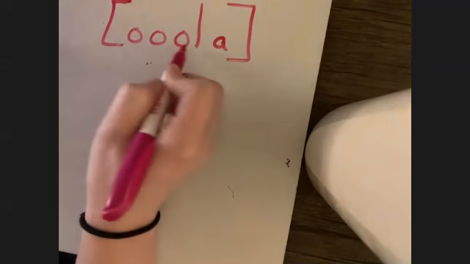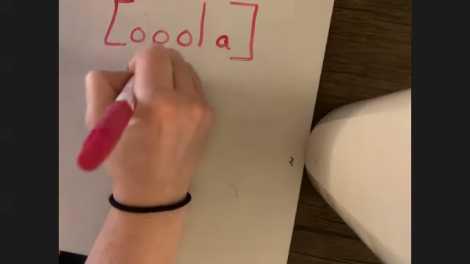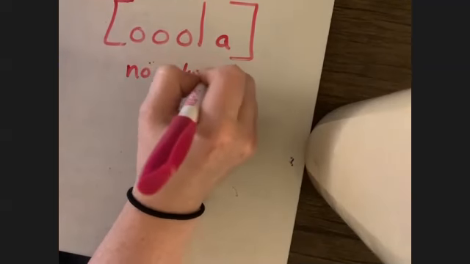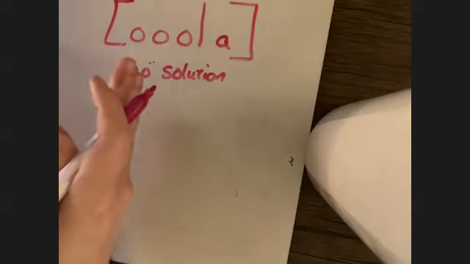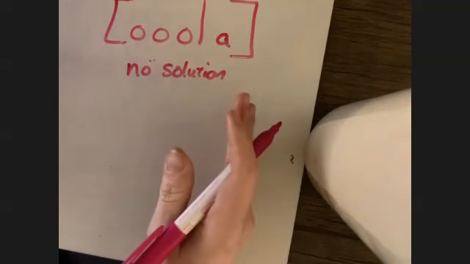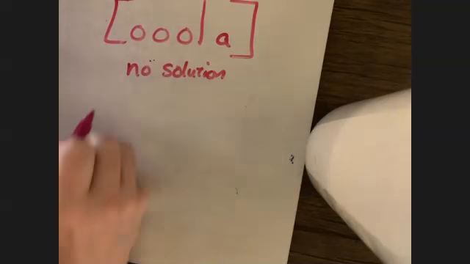So if 0, 0, 0, and then a number shows up, this is automatically no solution. This is like when we did the elimination stuff and we got 0 on the left equal 15 on the right. That can't happen, so this is no solution.